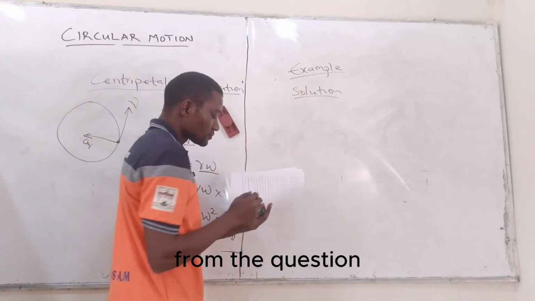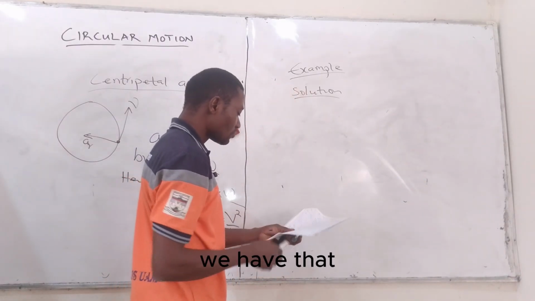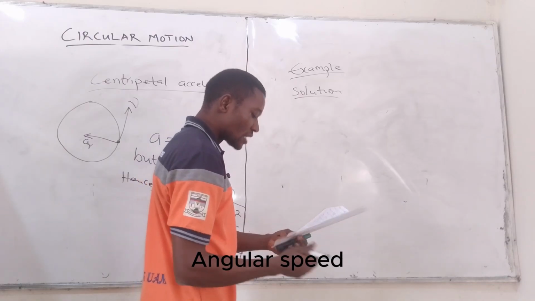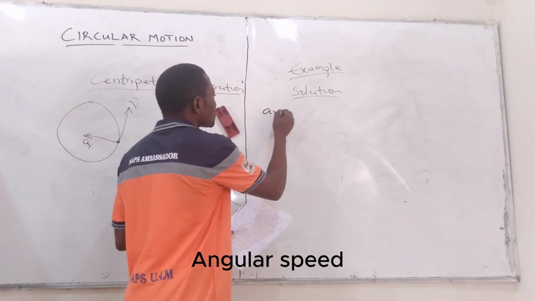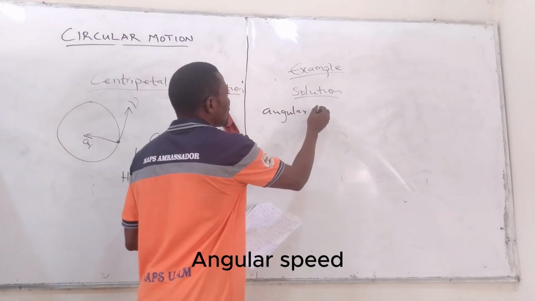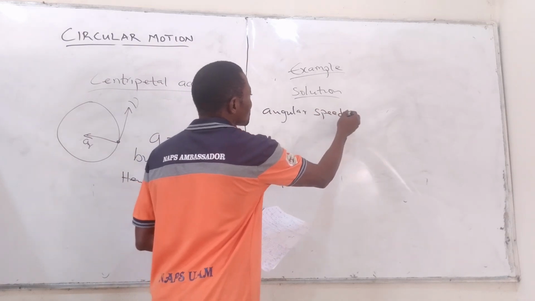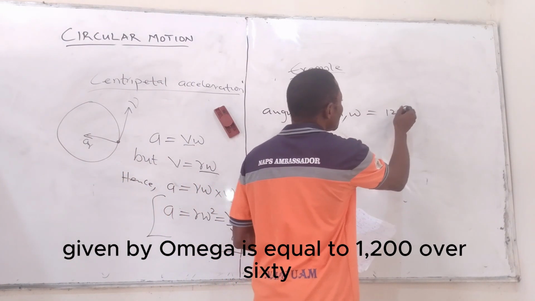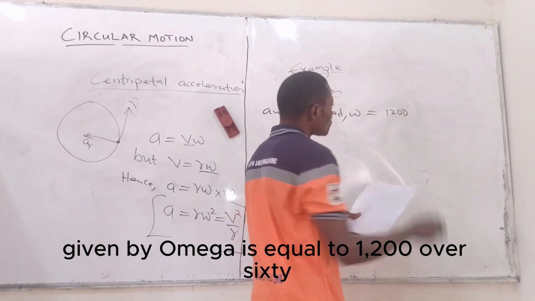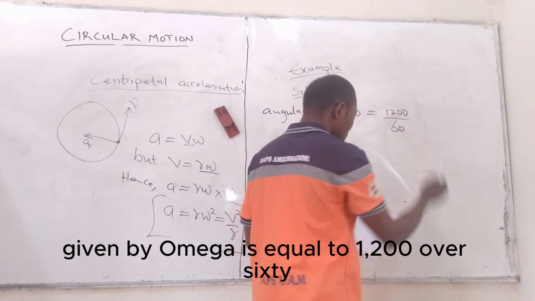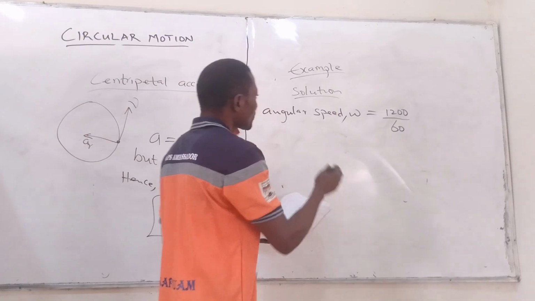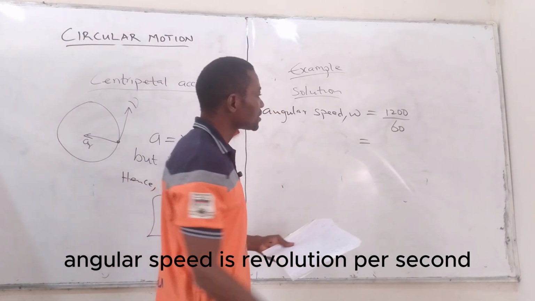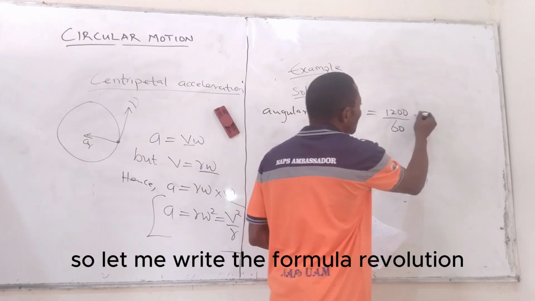From the question, the angular speed omega is equal to 1,200 over 60. Angular speed is revolution per second, so let me write the formula.